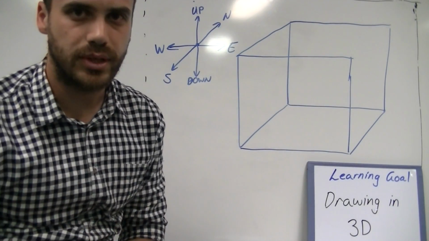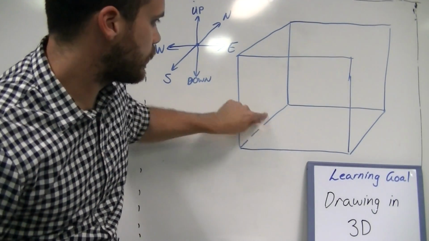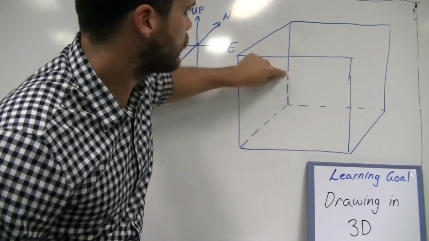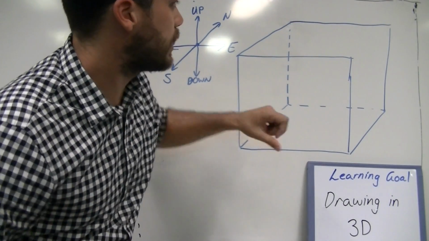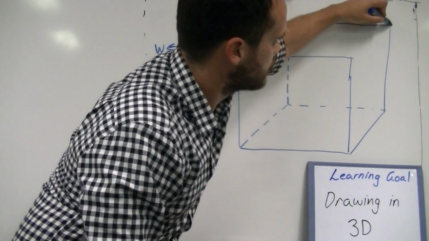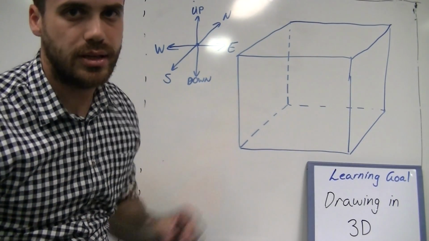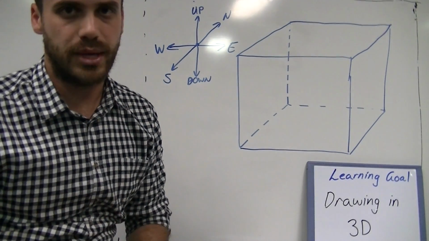Now it should look something like that. Now I like to put dotted lines in here because they're the parts of my box that I can't see. Oops, missed a line. There we go. Now we have our action box here that allows us to think about things in 3 dimensions.